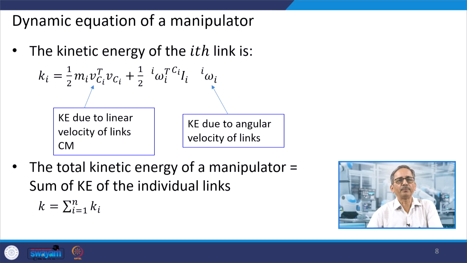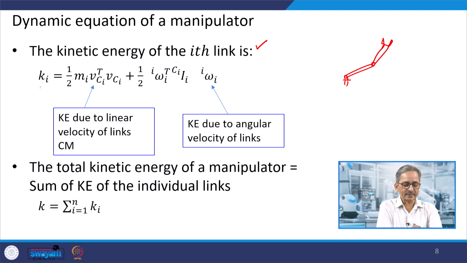When I have to write the dynamic equation of a manipulator, you know a manipulator is made up of a number of links. First I can get the kinetic energy of the ith link of the manipulator.